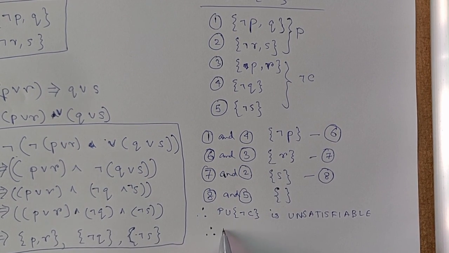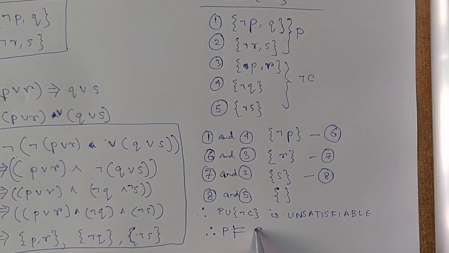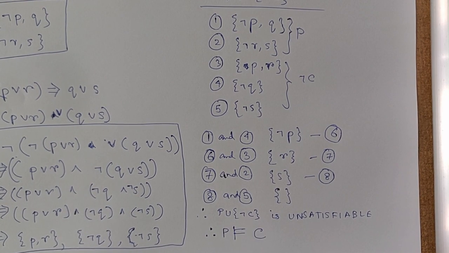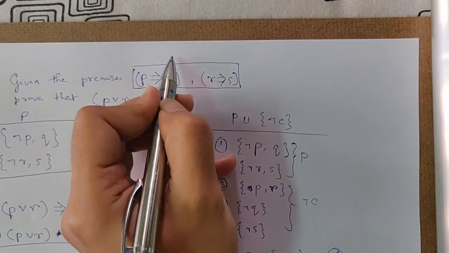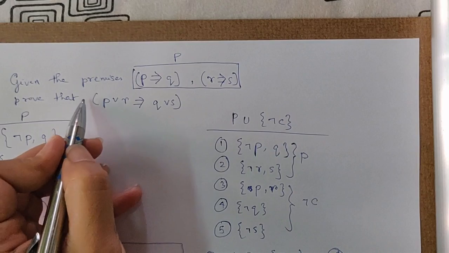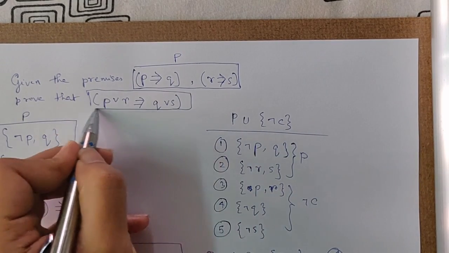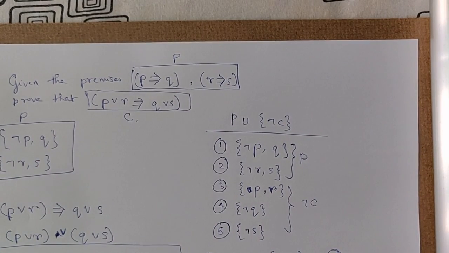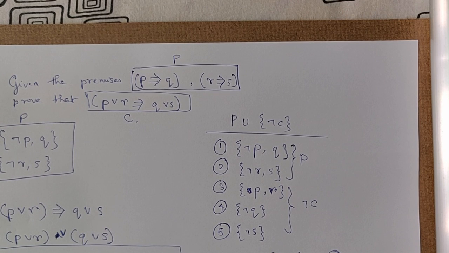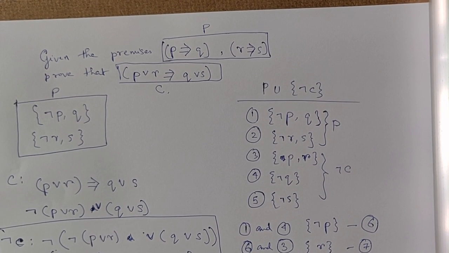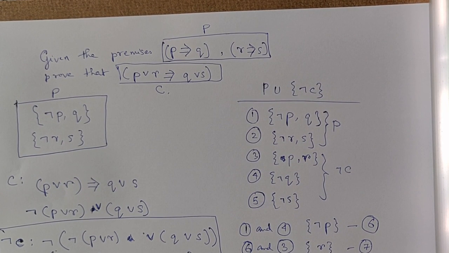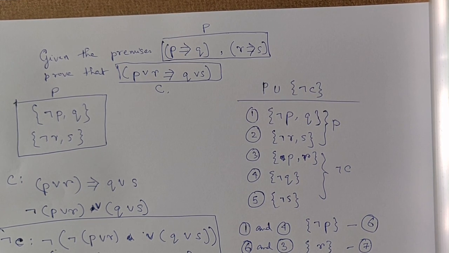Therefore, P logically entails C. So this was my P, this was my C. So given the premises, we have just proved the conclusion. This is the application of the resolution refutation method for theorem proving. Thank you.